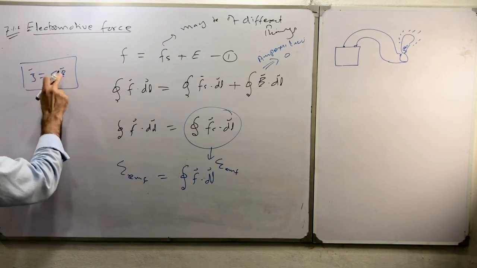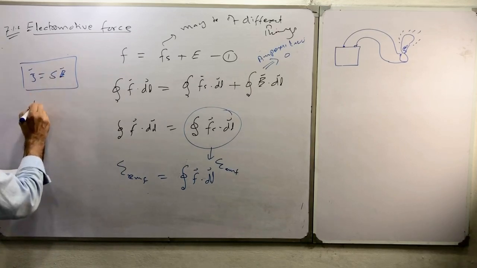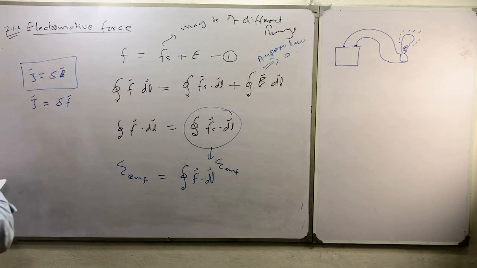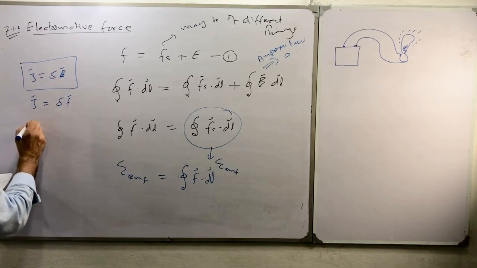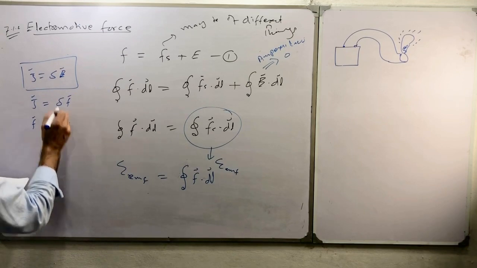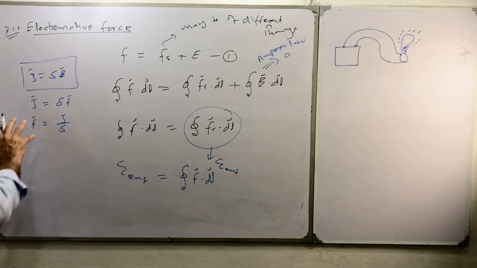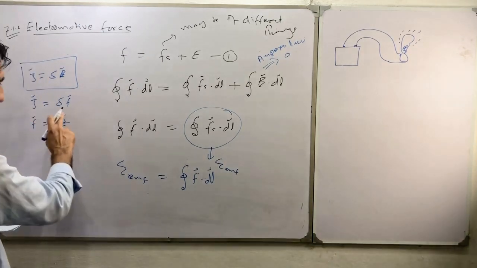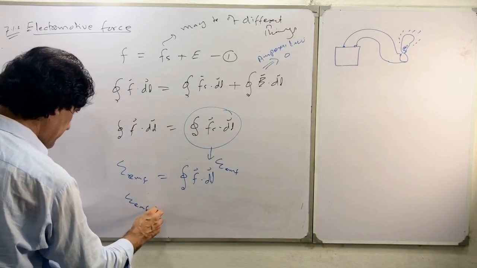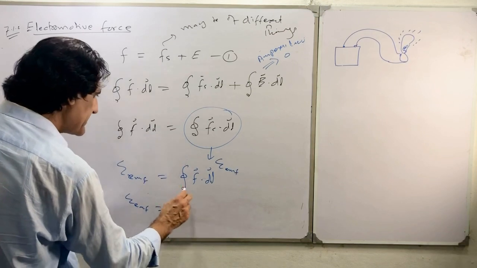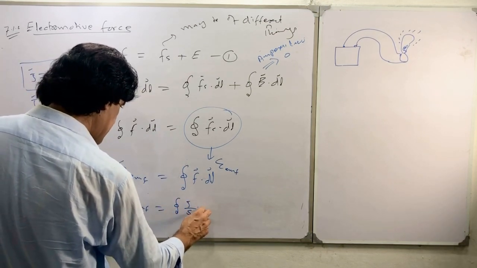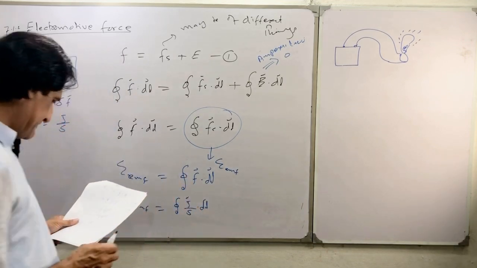If we replace E by F, then J will be equal to sigma F. From this equation, F is equal to J divided by sigma. So putting the value of F in this equation, the electromotive force takes the form of the integral of J divided by sigma dot dl.